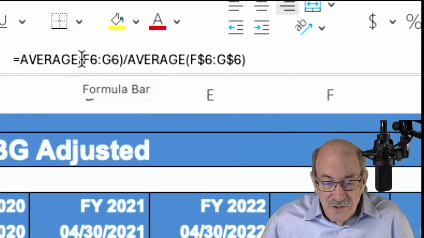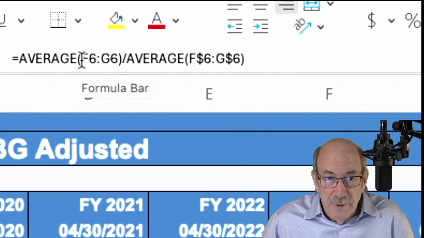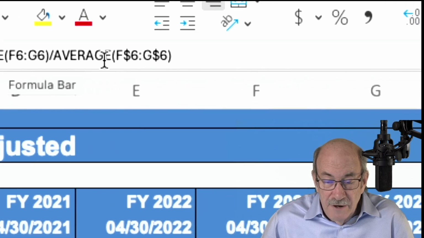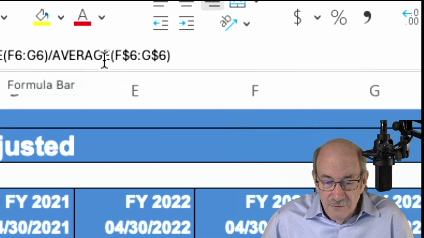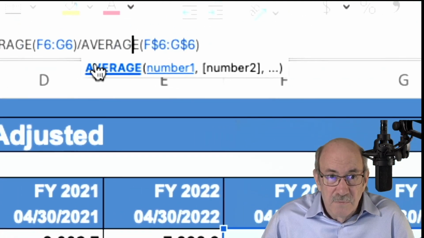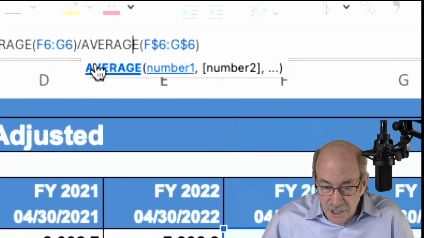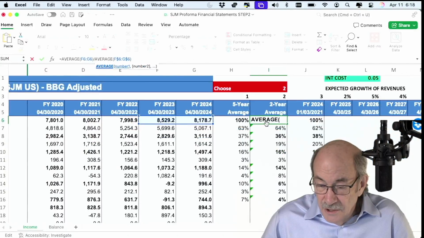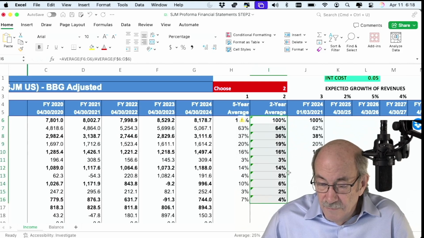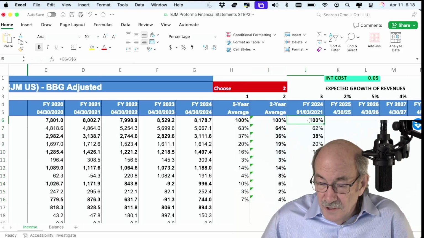Yeah, so this is columns F through G, row 6, divided by columns F through G, row 6, and that gives me my revenue. And again, I've locked the latter ones because I want those to be the same, and then I can just drag this down, and I've got all of my expenses on the income statement as a percent of revenue.